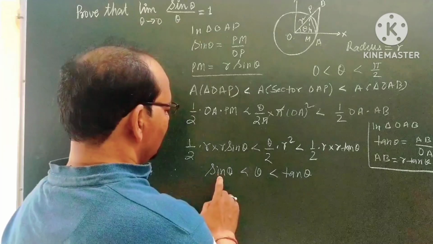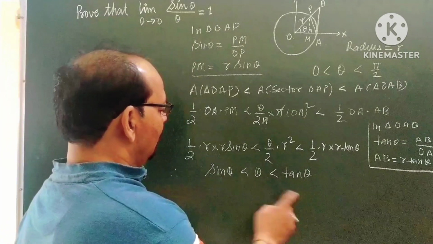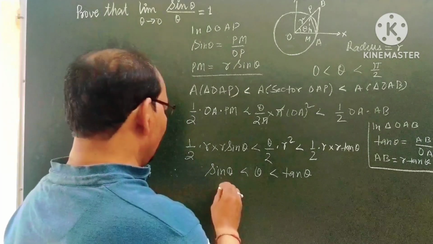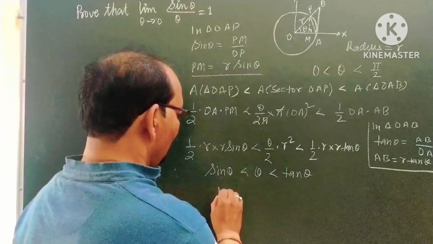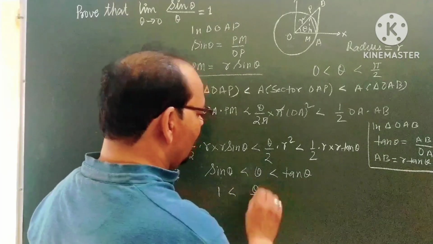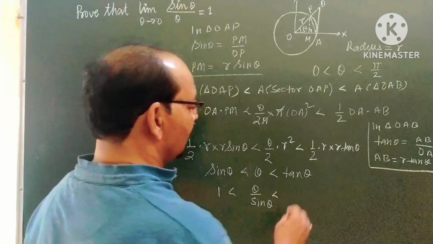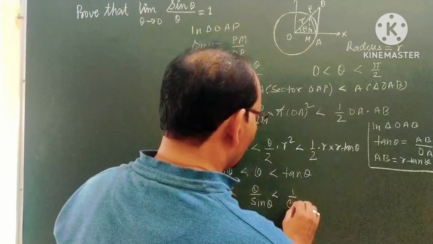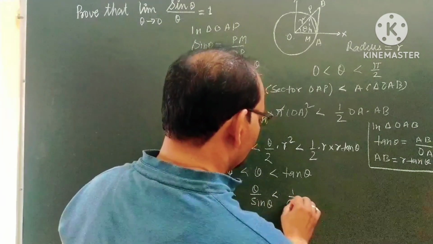Therefore, we divide both sides by sin theta, there will be 1 less than theta by sin theta less than 1 upon cos theta.